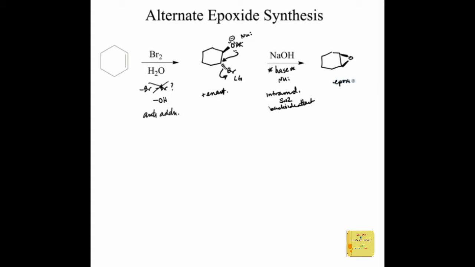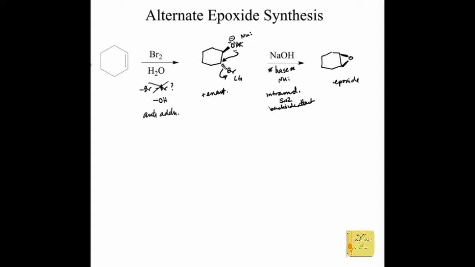And now we're seeing that if we did that here, we would get a product we call an epoxide. So what's nice about this synthetic scheme is it relies on some newer reactions we've seen with addition reactions to alkenes, and some older reactions we've seen where we're doing a substitution of a good nucleophile on a carbon bearing a leaving group. Why might I use this instead of just using MCPBA or some other oxidizing agent?